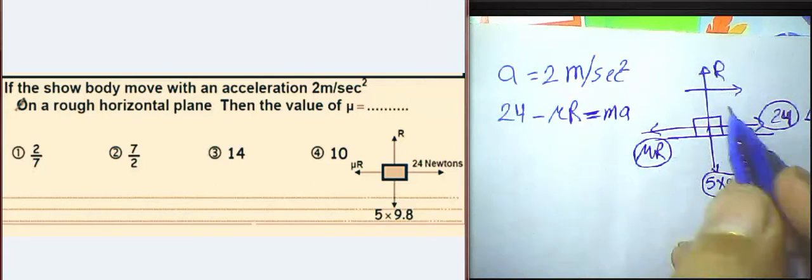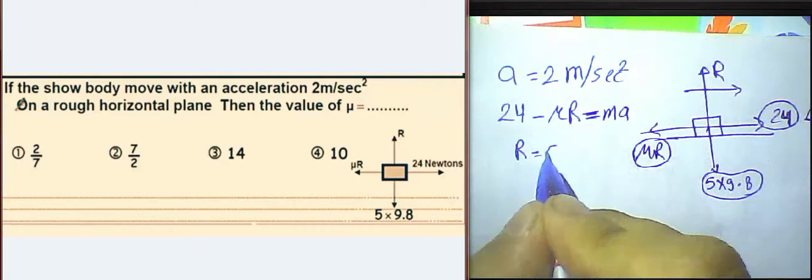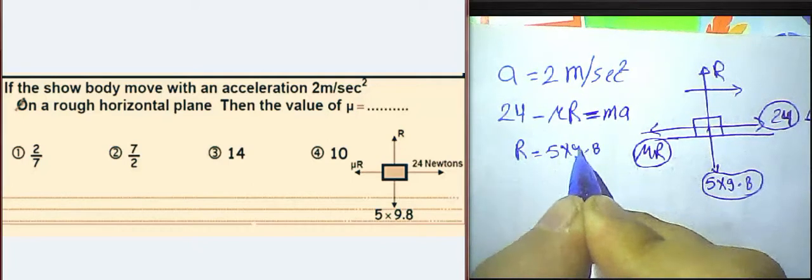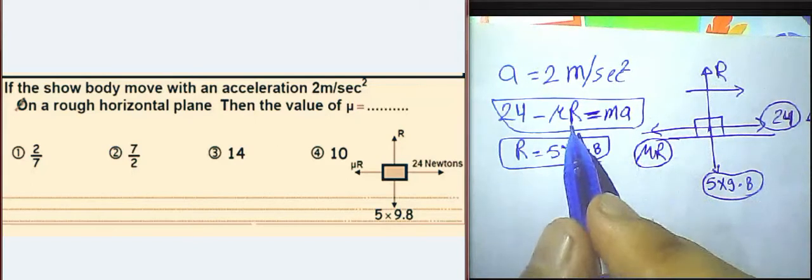Okay, and we have reaction equal 5 multiply 9.8. We can solve this equation to find mu.